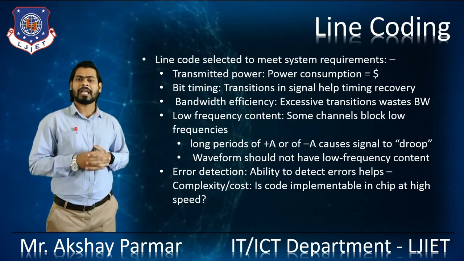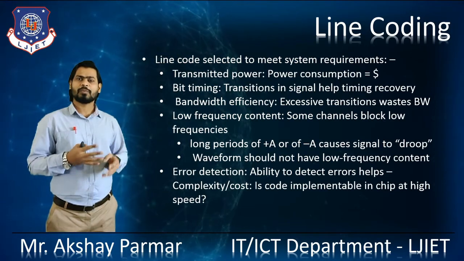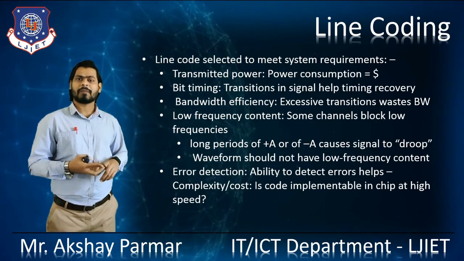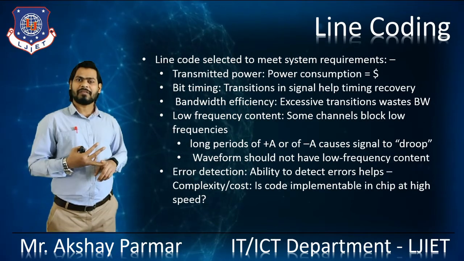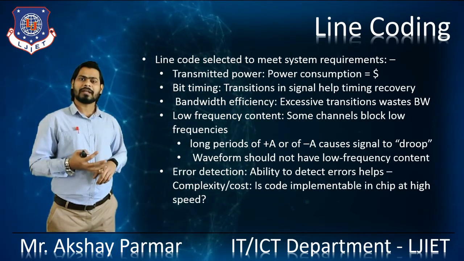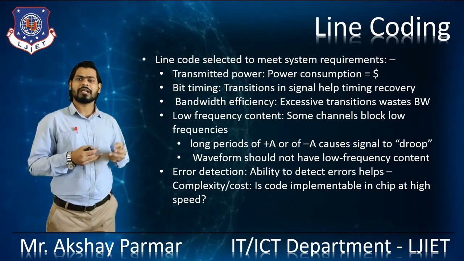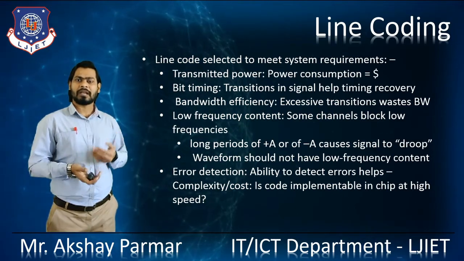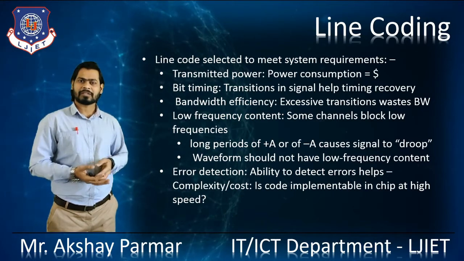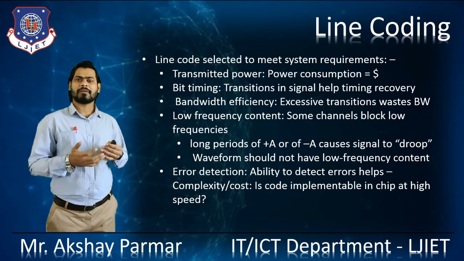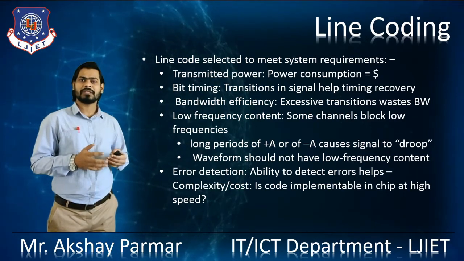After that, the line code is selected to meet some system requirements like transmitted power, bit timing, bandwidth efficiency, low frequency content, such as a long period of positive or negative causing a signal drop, and after that, error correction and error detection, complexity, or we can say the cost. So transmitted power or power consumption is a major requirement.